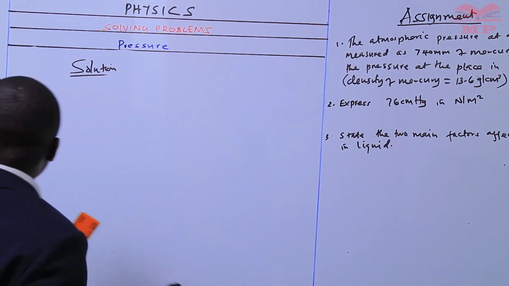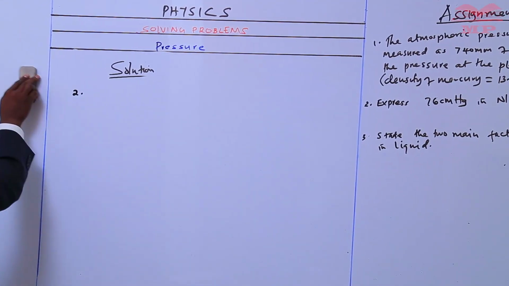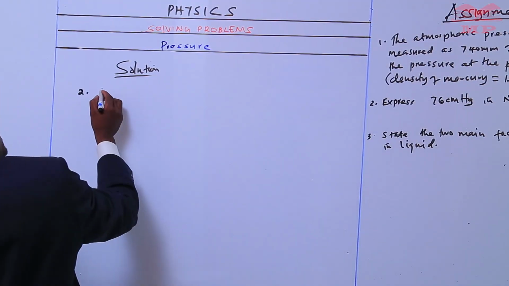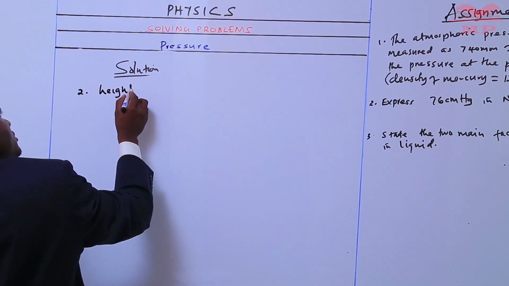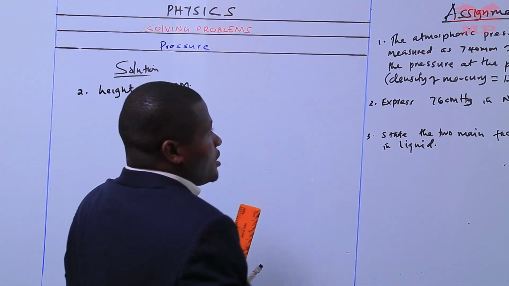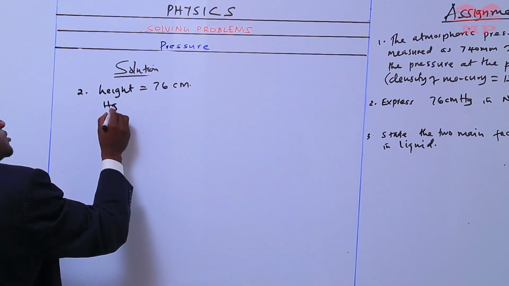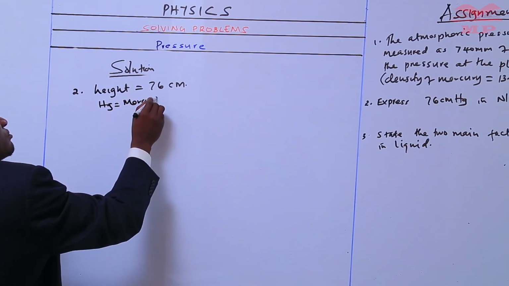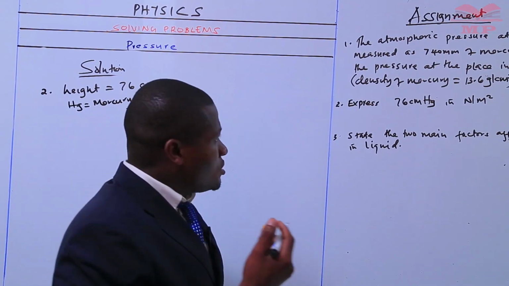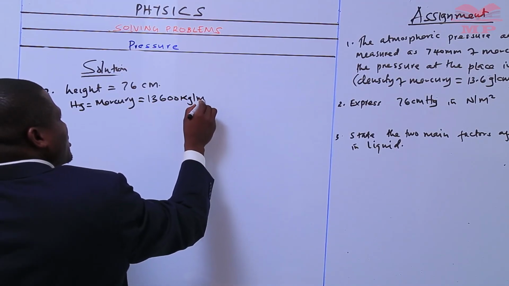So let me also erase this to avoid confusion. We have 76 centimeters, which is representing height. Height is 76 centimeters. Then Hg is mercury, and the density of mercury is also known. This is given by 13,600 kilograms per meter cubed.